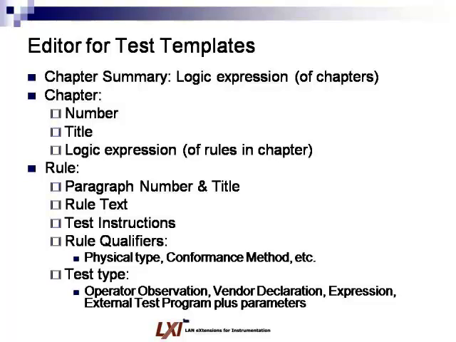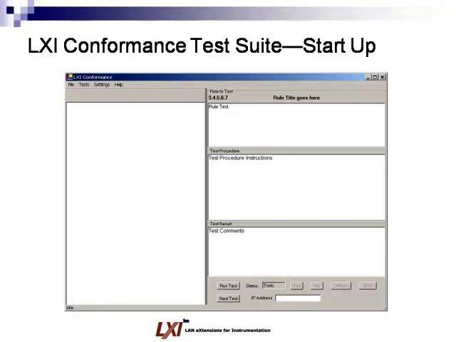There's test type, where you can put in it's an operator observation or a vendor declaration, or you can write in an expression, or you can write in the command line for the program you want to run to do this test. And there's a couple other minor things. You can put timeouts on tests and things like that too.